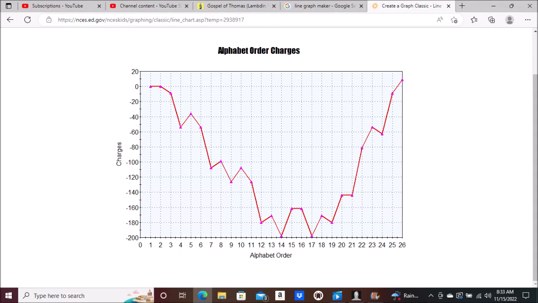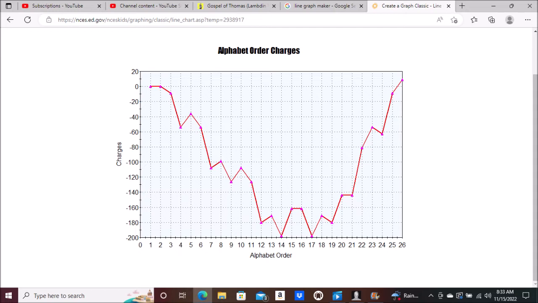It gives a basic visual representation of what occurs. So this only allowed me to put numbers on the x-axis. So the letter A is number 1, and the letter Z is number 26.